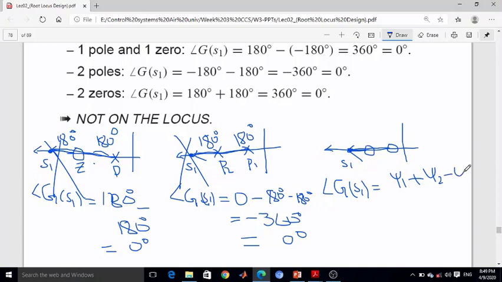Since there is no pole, we will write 0, and psi 1 is 180 degrees and psi 2 is 180 degrees. So the net result is 360 degrees, which means that it is 0. So this point is also not on the root locus.